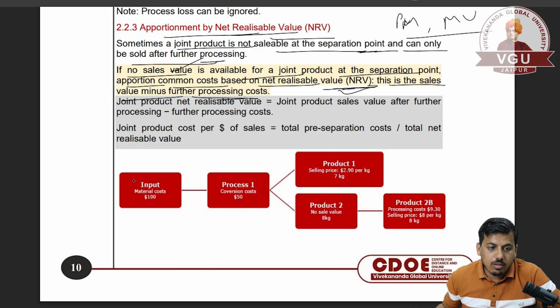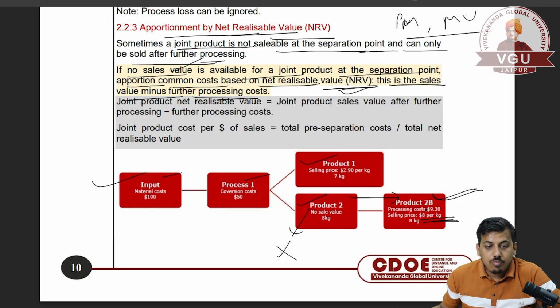You can also understand it by this example. First one is input, after that process one is done, then we have two products, product 1 and product 2, but product 2 cannot be sold at this point. So we will have to process it further, and product 2B we have prepared is sellable at $8 per kg.